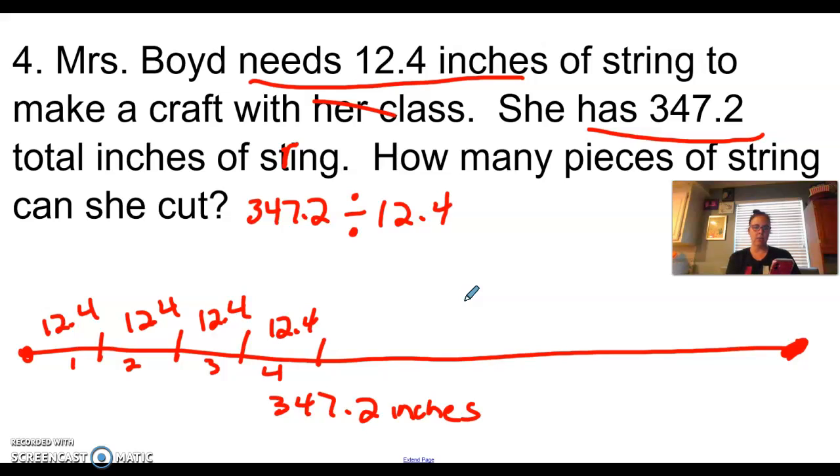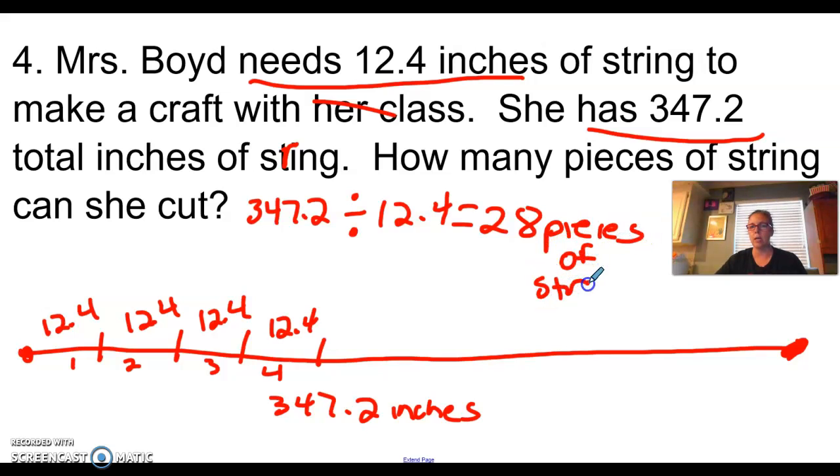So 347.2 divided by 12.4 is 28. 28 what? 28 pieces of string. And if you can't remember what it is, go back. It says right here, go back and see what your question says. How many pieces of string can she cut?